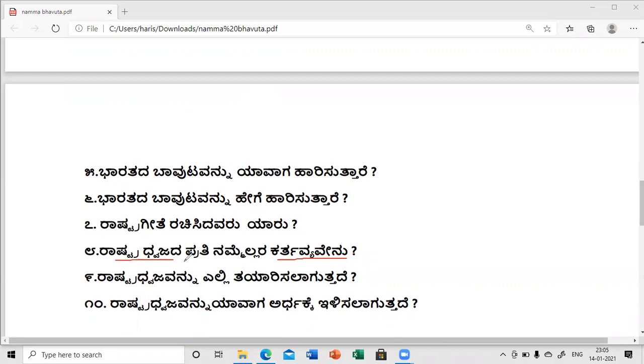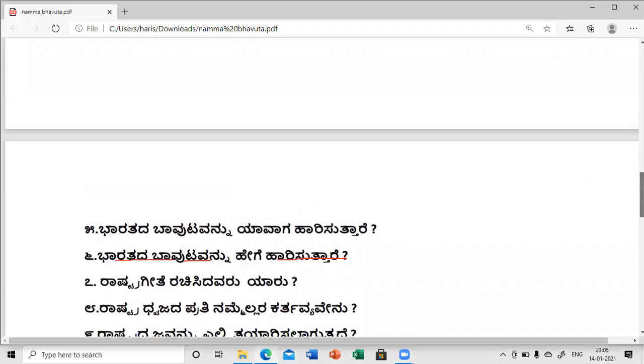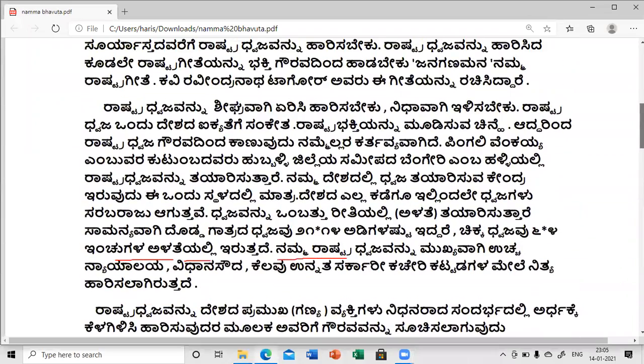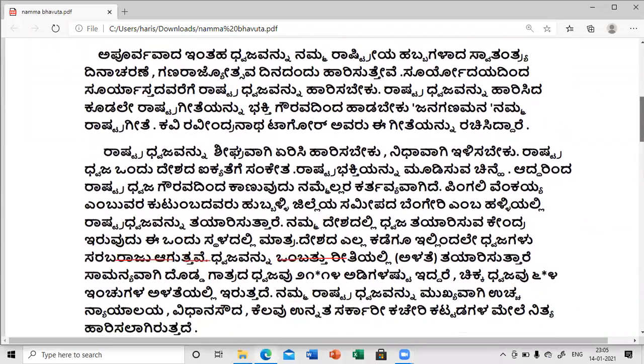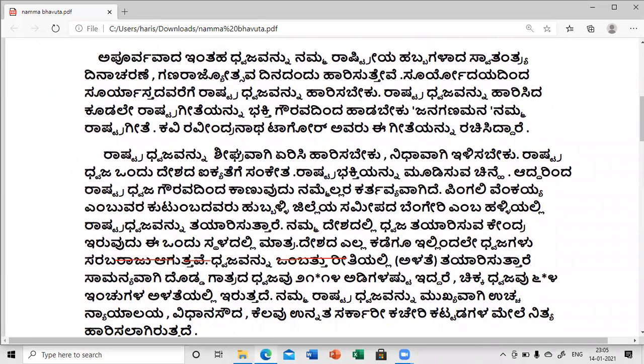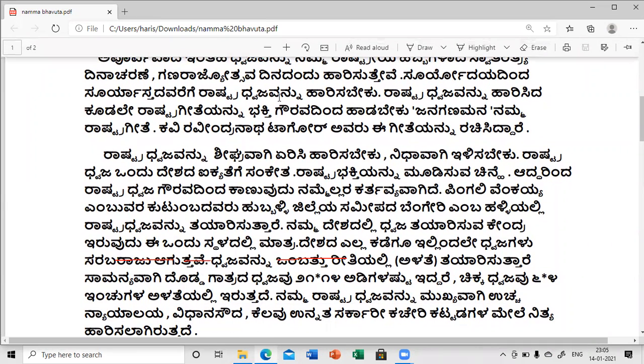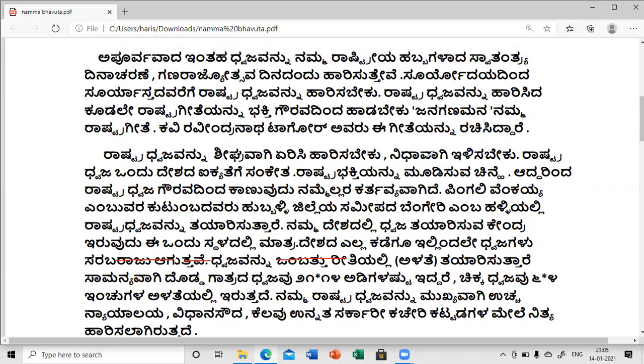Rashtradhwajada prati, so our duty towards the national flag. So we need to see the word kartavya, and then we also have to see the word national flag. That's all. Okay. Right. So it's very important that we need to locate the word kartavya.